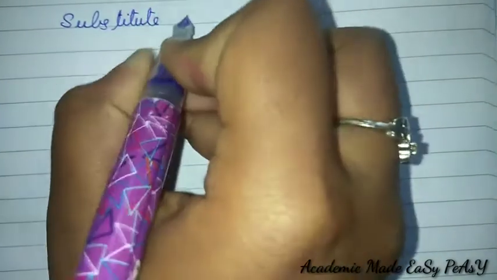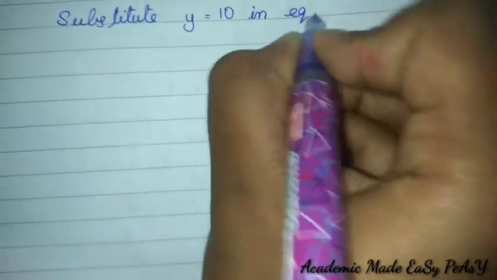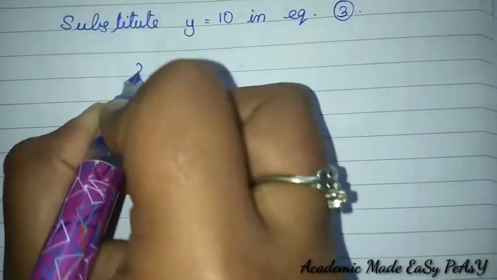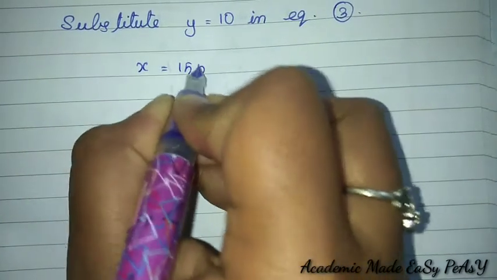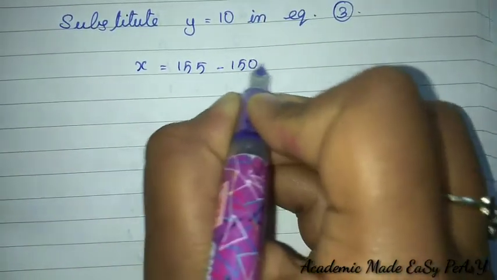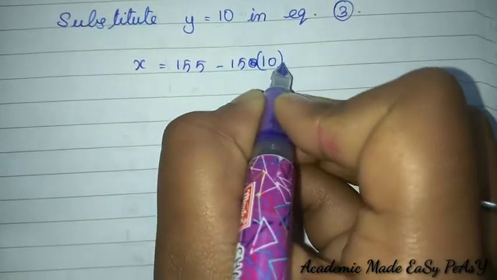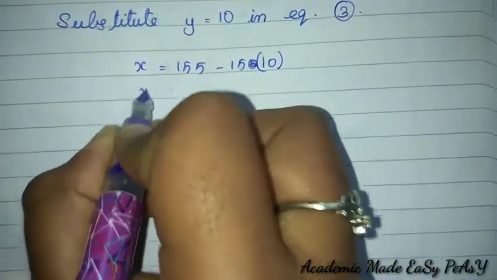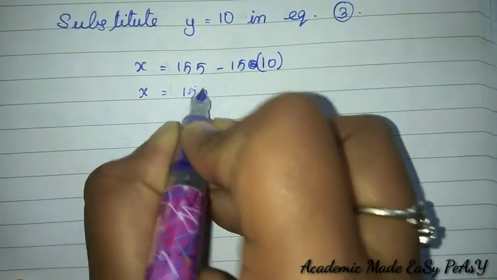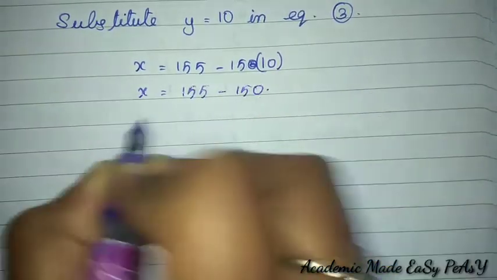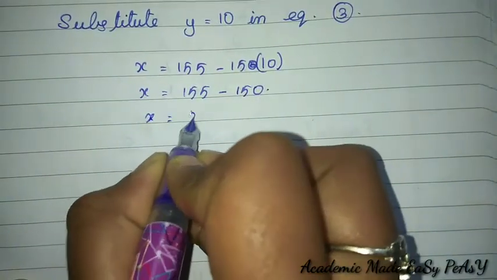Substitute y is equal to 10 in equation 3. So x is equal to 155 minus 15 into 10. The y value is 10. So x is equal to 155 minus 150. So x is equal to 5.